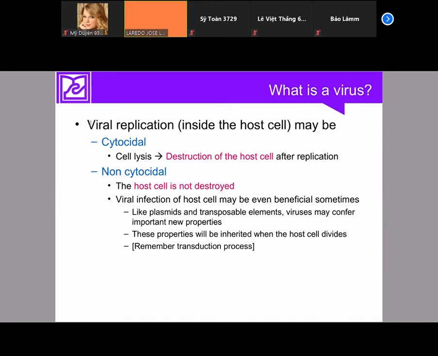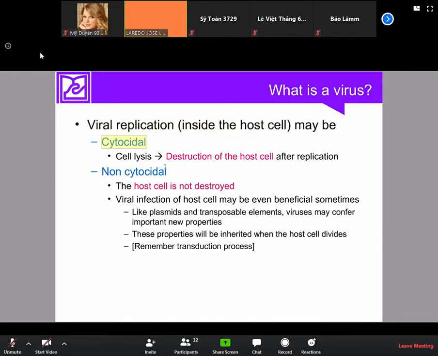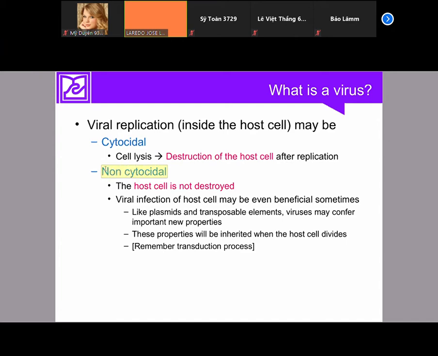So, when the virus is replicating inside the host cell, this replication may be either cytocidal or non-cytocidal. Notice this. Cyto means cell. Cidal means killing. So, when some viruses replicate inside the host cell, the cell is destroyed.